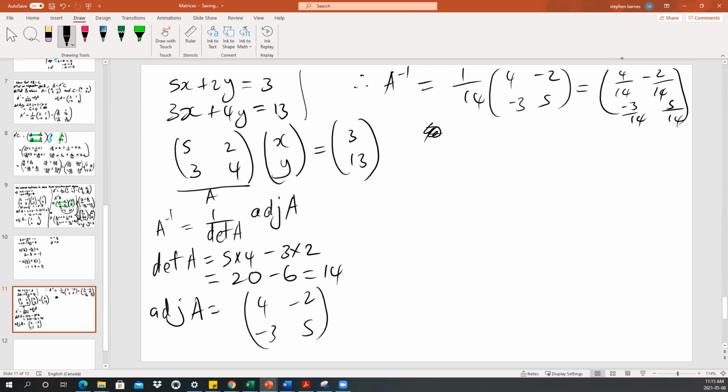All right. So we know that A inverse multiplied by A is the identity matrix. So this is gone. And now we have A inverse multiplied by B. I'm calling this column matrix B, right?